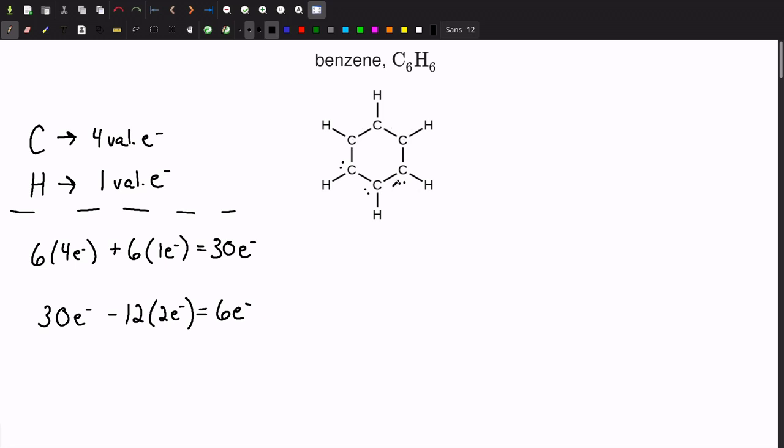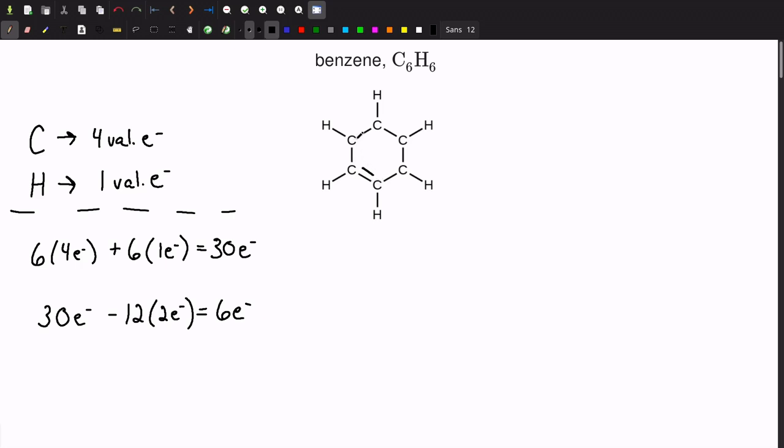That means that we need to start sharing these lone pairs amongst them. We need to make bonds between these carbons. So let's try that. If I make a bond here, now this carbon has 1, 2, 3, 4, 5, 6, 7, 8. This guy has 1, 2, 3, 4, 5, 6, 7, 8. Both of these two are now happy.